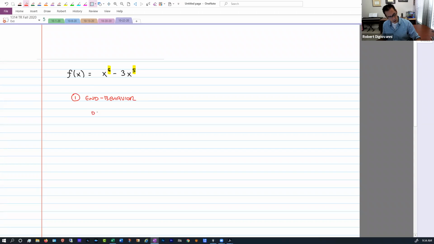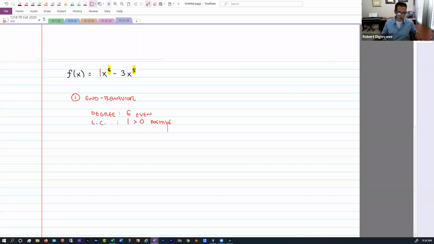The degree of this polynomial is the highest power of x that we see, which in this case would be 6. And 6 is an even number. When you talk about the degree, we're looking at whether or not it's even or odd. And then we look at the leading coefficient, LC. That's the number in front of the highest power of x, which is 1, and that's positive. It's greater than 0, so positive.